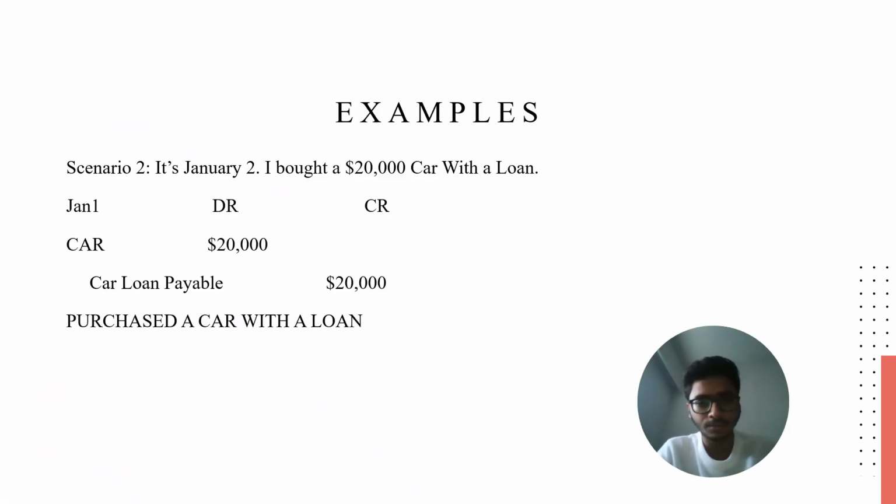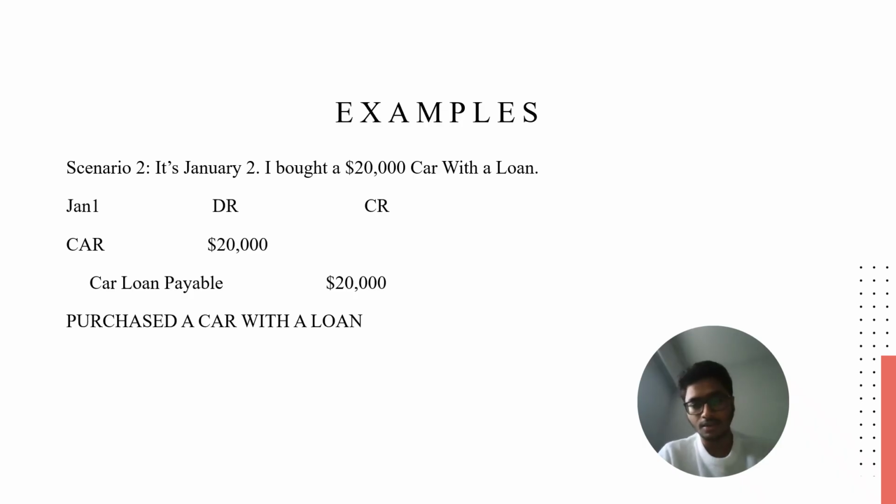For scenario two, it's January 2. I bought a $20,000 car with a loan. What's the difference between cash and loan? Cash is an asset and a loan is a liability to us. In this entry, the car is an asset, so we debited it because our asset is increasing.